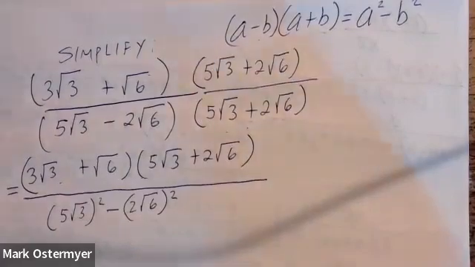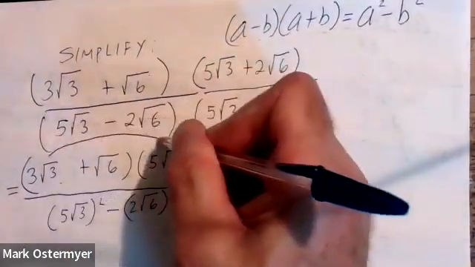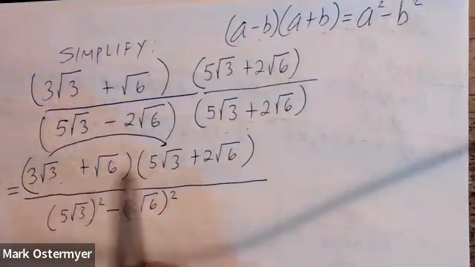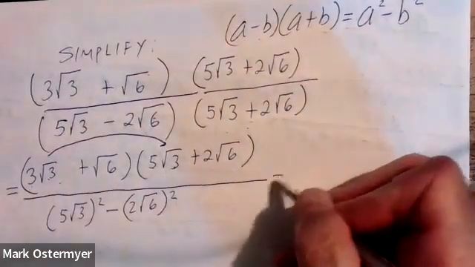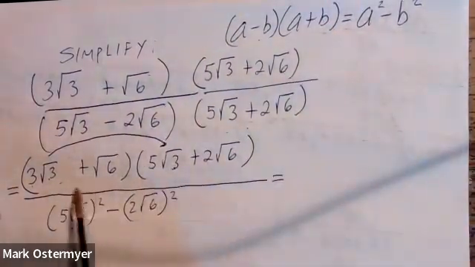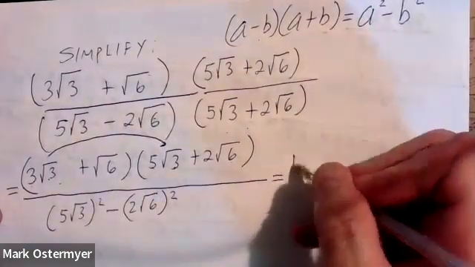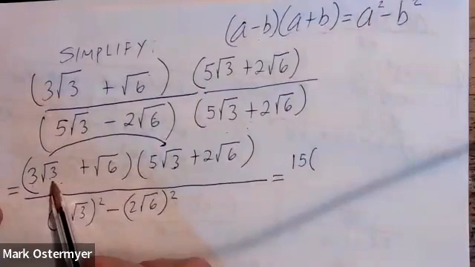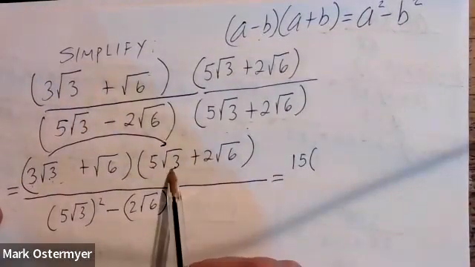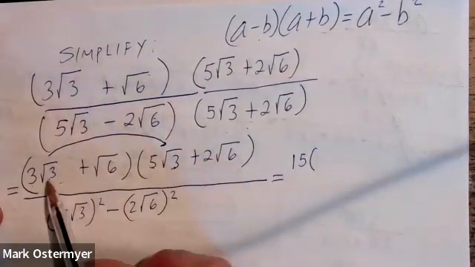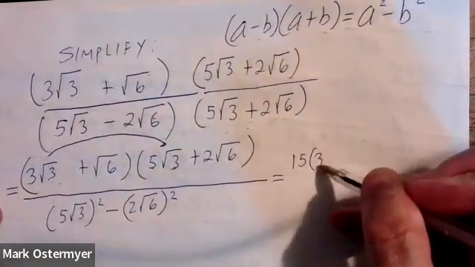In the numerator, we're not so lucky. We have to multiply this all out. So what's 3 square root of 3 times 5 square root of 3? Hopefully I can omit a subtle step in here. What's 3 times 5? That's 15. And what's the square root of 3 times itself? That will be the square root of 9, but the square root of 9 simplifies down to 3.